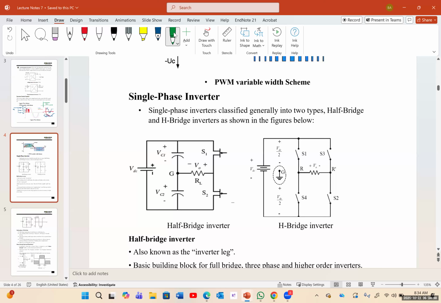We have a half bridge and H bridge, or the full bridge inverters. As shown in this figure, on left you can see the half bridge inverter. Half bridge inverter has two switches and two capacitors connected to them. And the full bridge or H bridge inverter has four switches.